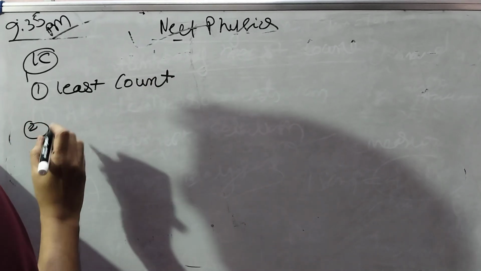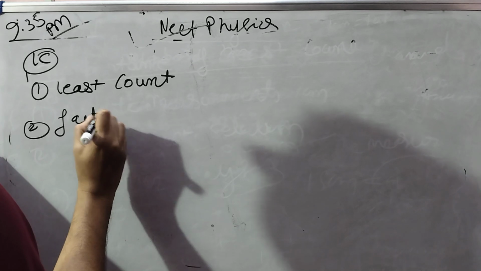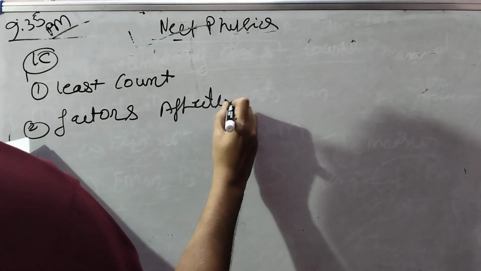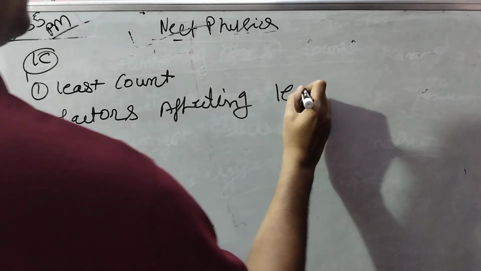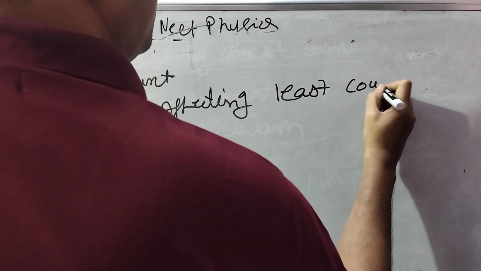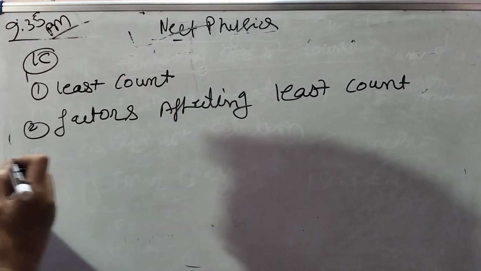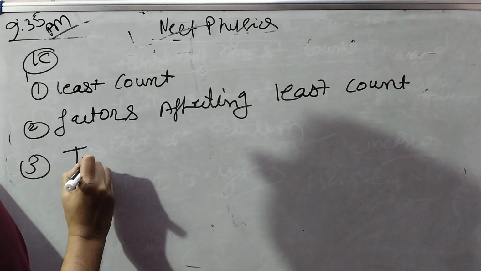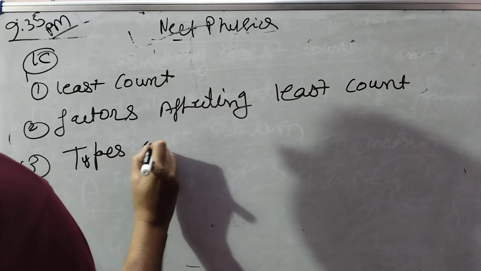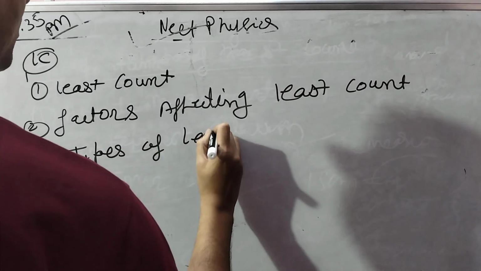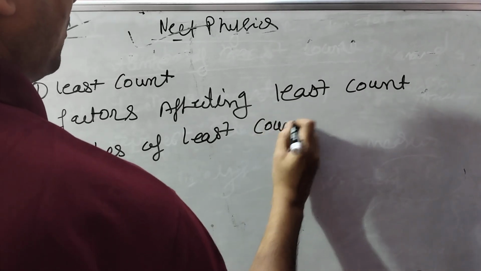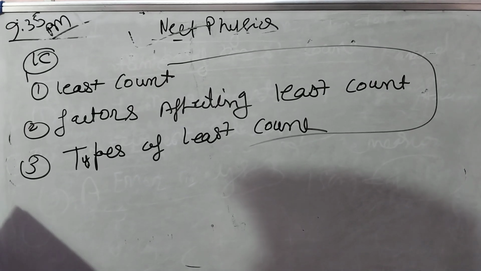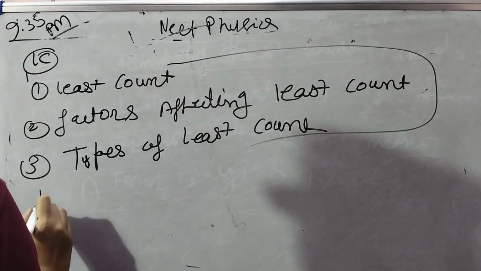Second is factors affecting least count. And types of least count. A very important topic is types of least count, and examples of least count.